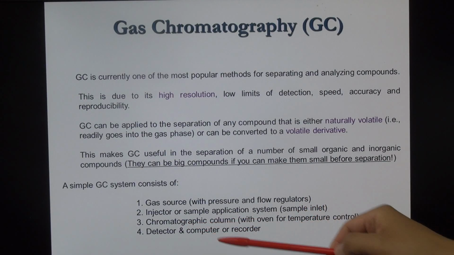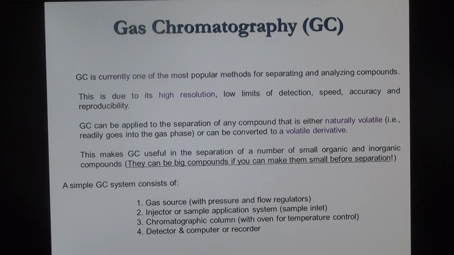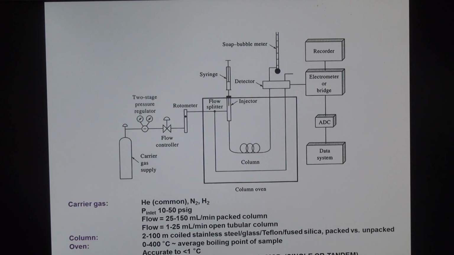Column, we need a column to separate the mixture by different degrees of retention, and we also need a detector. Here shows the basic schematic diagram of gas chromatography. Overall general operating principle and mathematical relationships are basically provided in chapter 26.